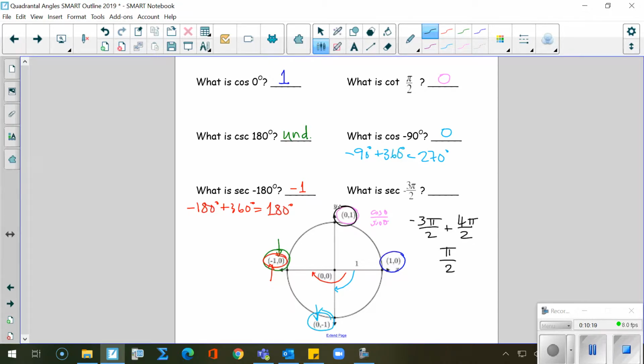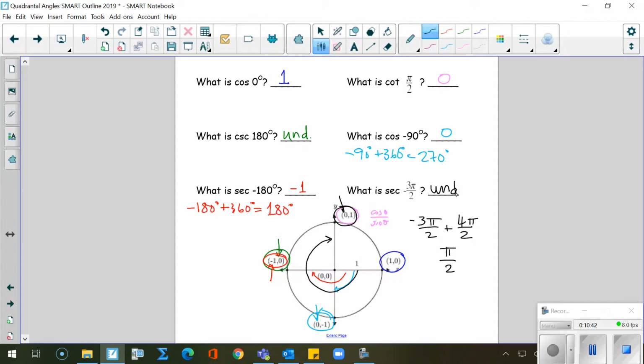Or I could think of my angle going negative 1, negative 2, negative 3 pi over 2. Your choice. Regardless, I'm using the ordered pair 0, 1. Secant is the reciprocal of cosine, and the reciprocal of 0 is undefined.